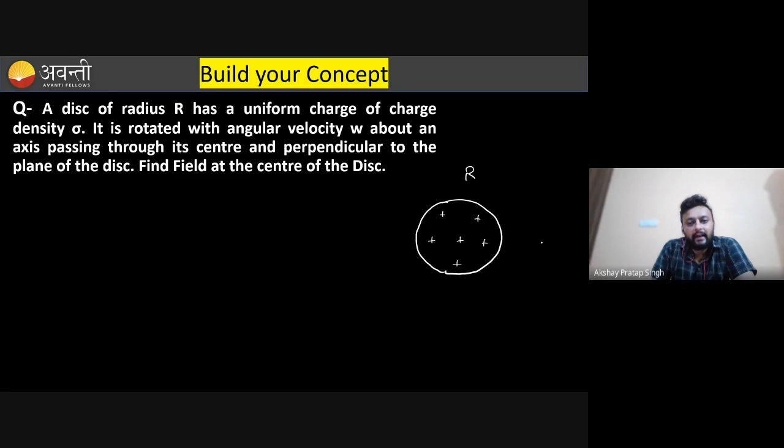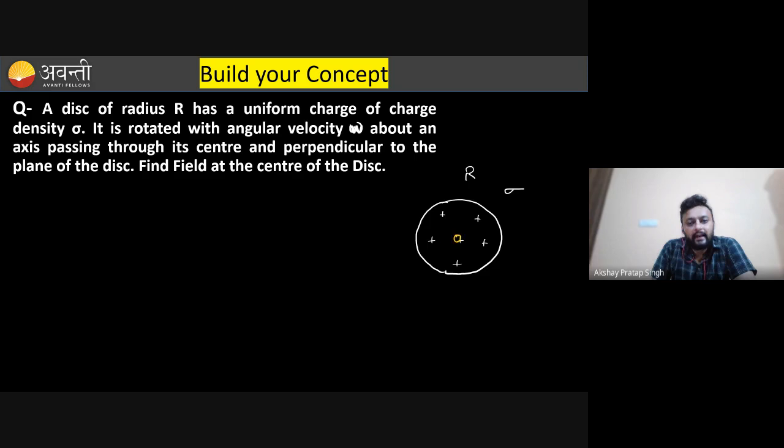This charge density is given as sigma. Now, the second part of the question is that it is rotated with some angular velocity omega. This is mentioned as omega, not w, it is omega. It rotates about an axis passing through its center and perpendicular to the plane of the disk.